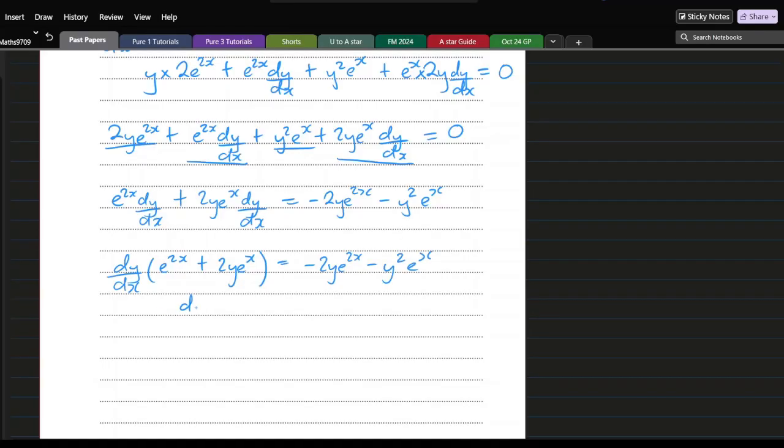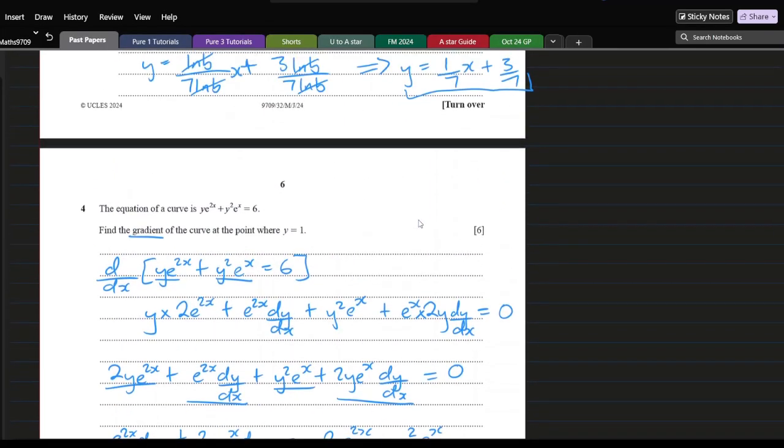So dy/dx is equal to negative 2y e to the 2x minus y squared e to the x, all over e to the 2x plus 2y e to the x. And we can even simplify this by factoring out an e to the x in both the numerator and the denominator, but I'm not going to do that because it's not necessary.